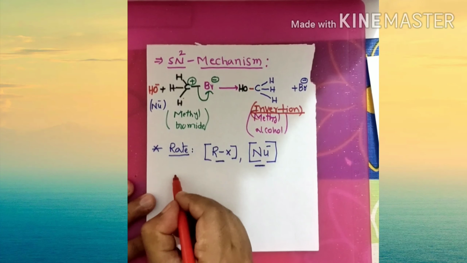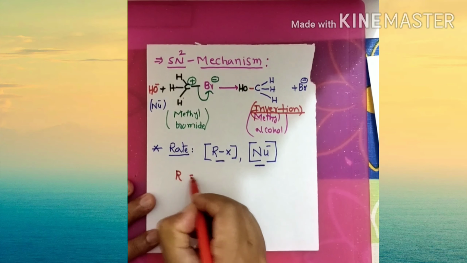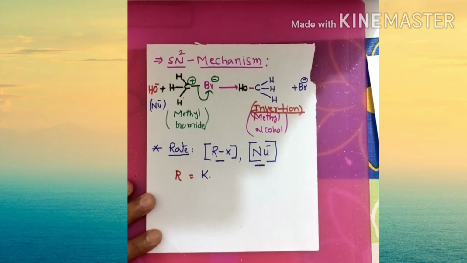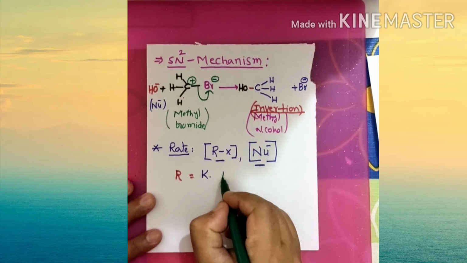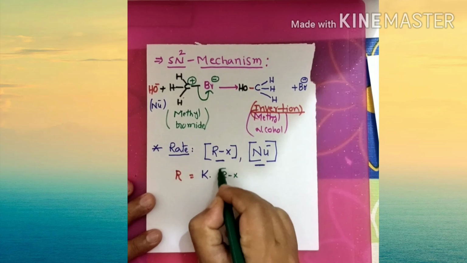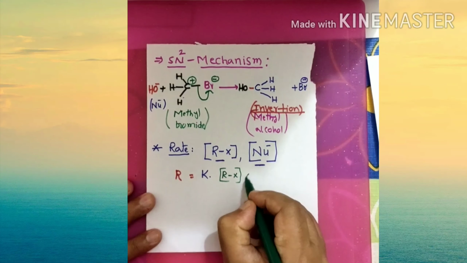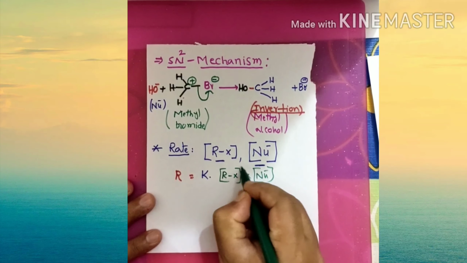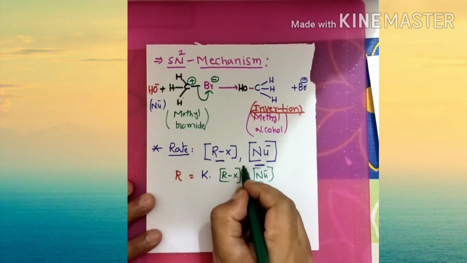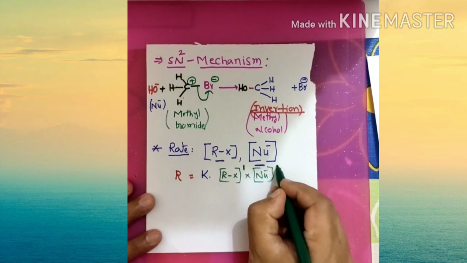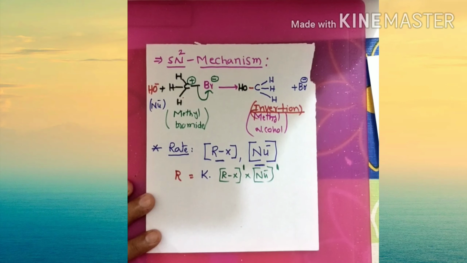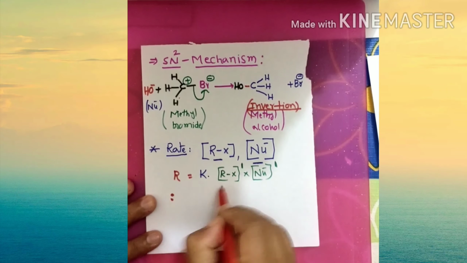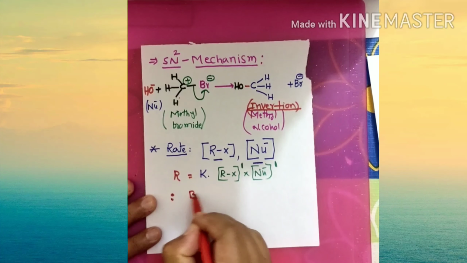That's why the rate of the SN2 reaction is equal to k, the rate constant, into alkyl halide concentration into nucleophile concentration. So how many alkyl halides are we taking? 1. How many nucleophiles are we taking? 1. Now this is what we call bimolecular, based on the rate.